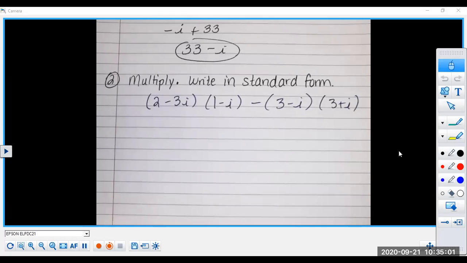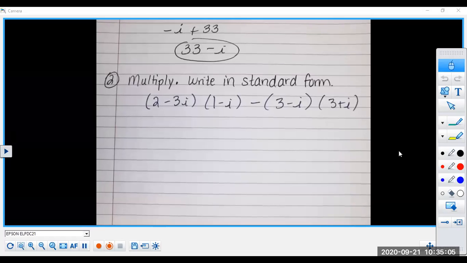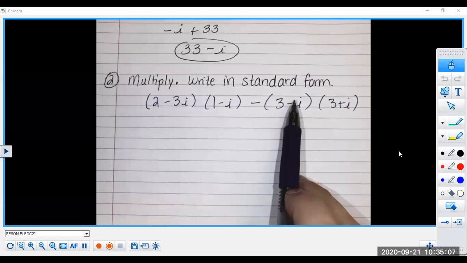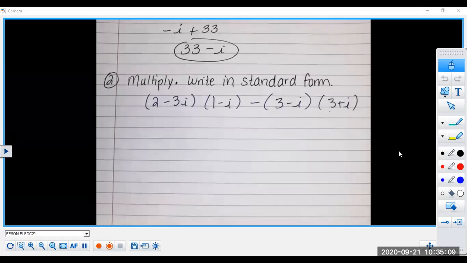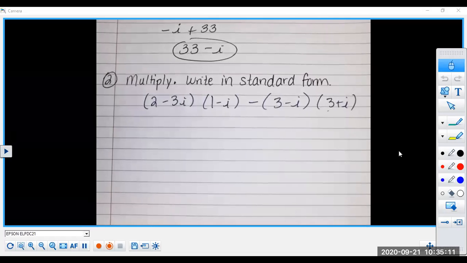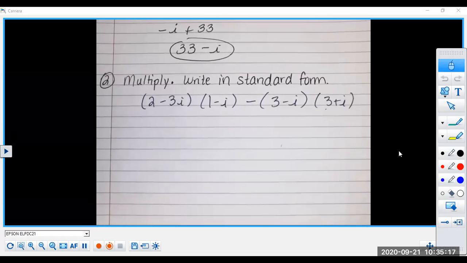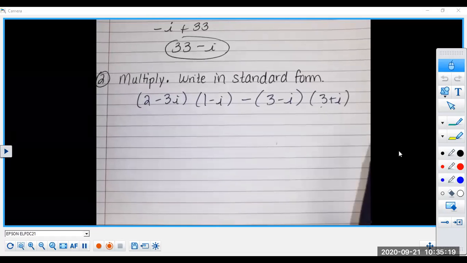Special case. Bonus points. They are difference of squares, and if you actually FOIL them out, they will form a difference of squares. They're also known as what? Conjugates. You can shorten the full method down, but we'll talk about that later.